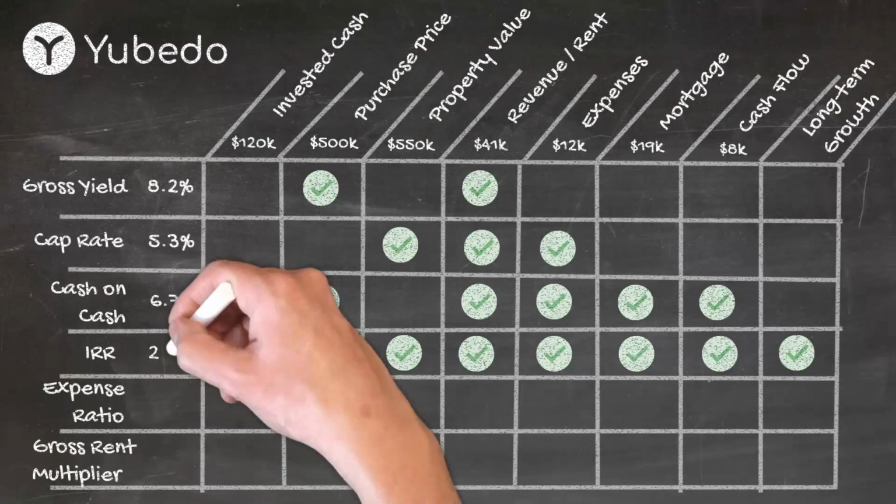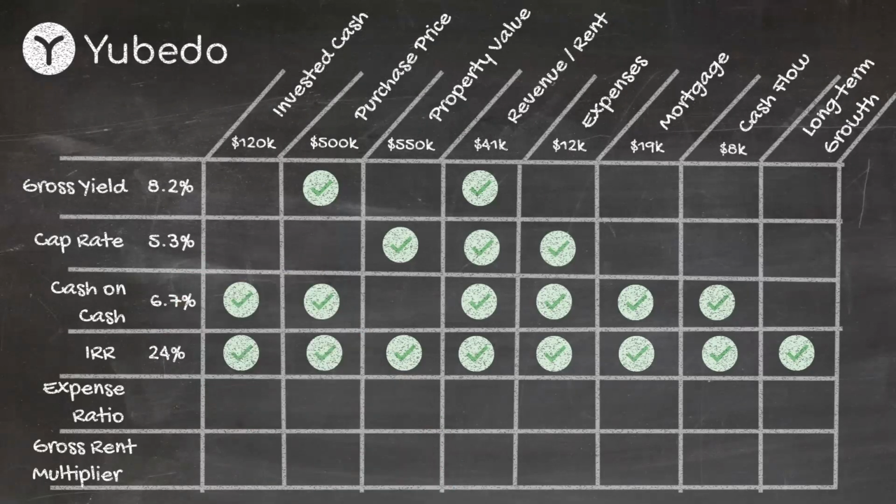Essentially, IRR is your go-to metric for comparing this real estate investment against any other type of investment, such as stocks, bonds, or even a simple savings account. One unique aspect of IRR is that it's time sensitive. For instance, if you're considering selling your property after 5 years, you'd calculate the IRR specifically for that 5-year period.